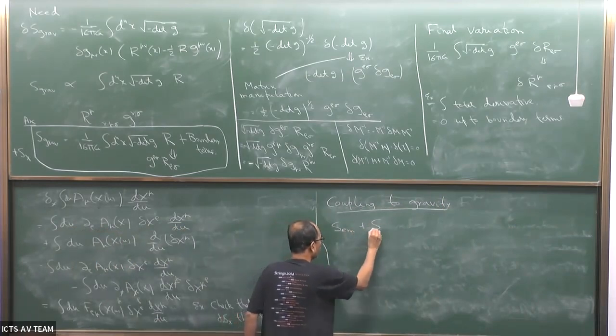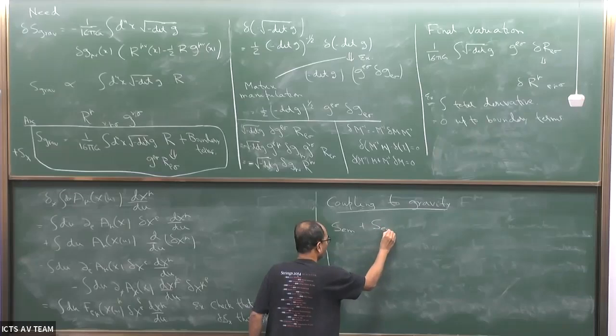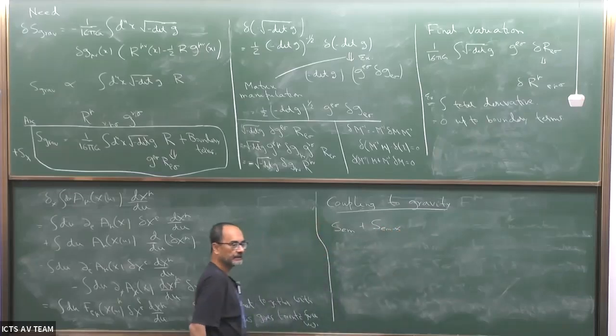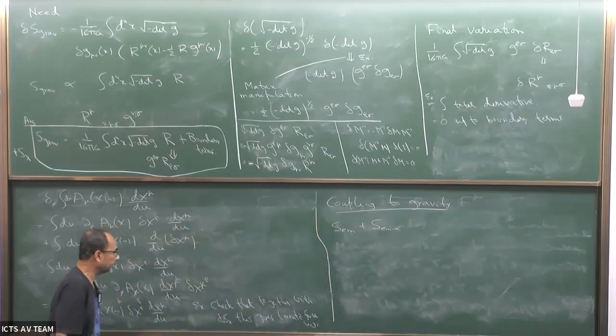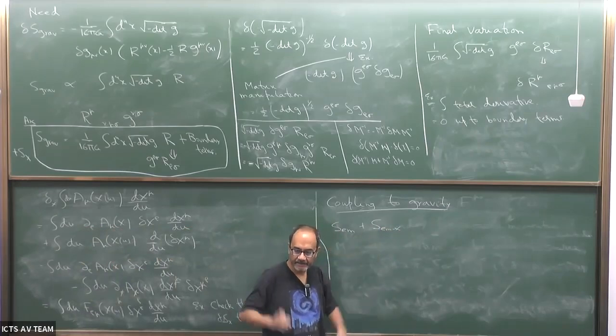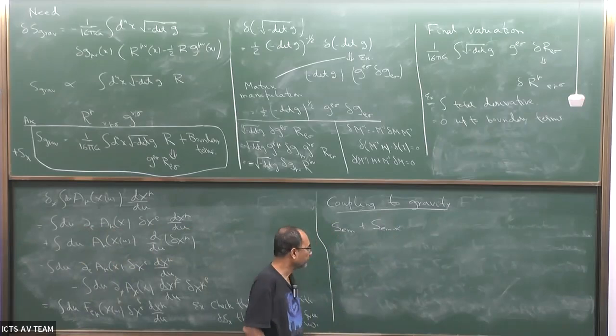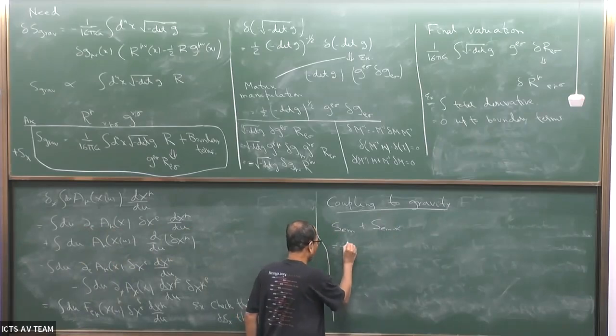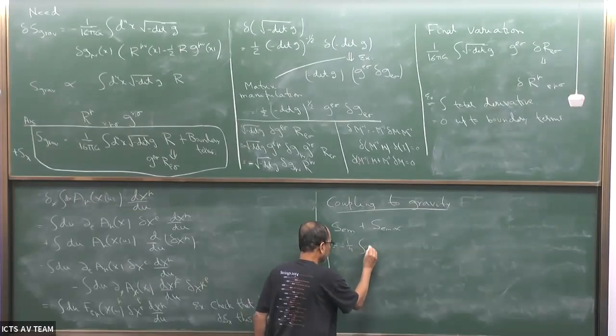We have to write the action for electromagnetism and the coupling of electromagnetism to x. This we didn't take into account earlier. The x we have already written, that first action that we started with. So the generalization is straightforward. We basically have to covariantize everything.